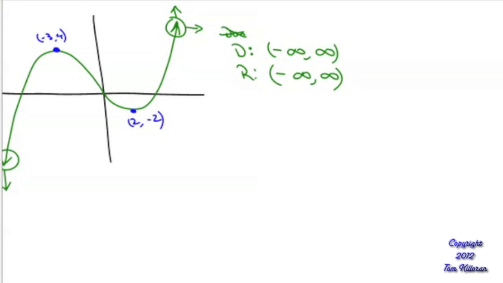So this is a maximum, but it's only a maximum if you look in its neighborhood. So we're going to call this point a local max, or relative max.